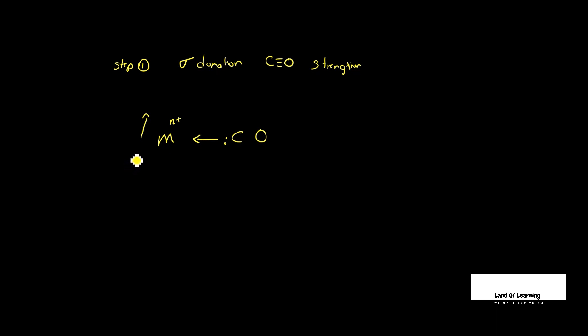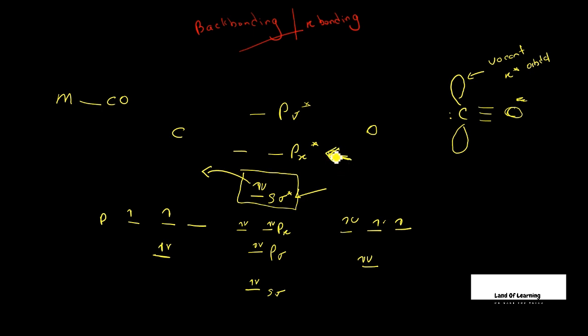Now, if our metal center contains perfectly aligned d orbitals, right? Perfectly aligned d orbitals with our carbon monoxide's anti-bonding 5-star orbital. Here, remember this one over here.